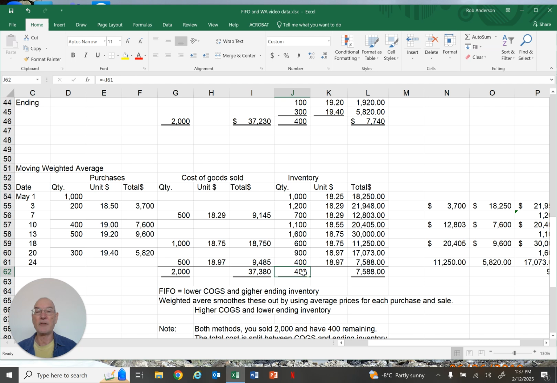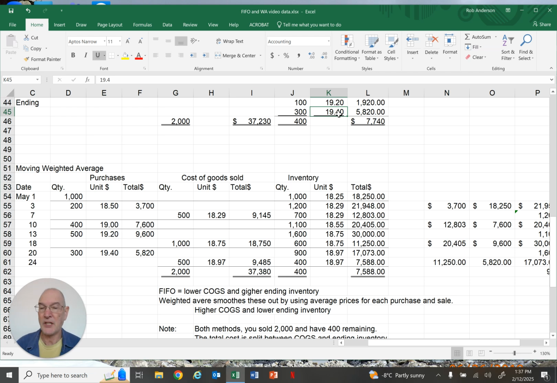Our ending inventory, this 2,000 was quantity sold. Here's our ending inventory of 400 with a value of $75.88. And the value is a little bit lower than FIFO because this is an average, whereas with FIFO, it's made up of our higher, newest cost.